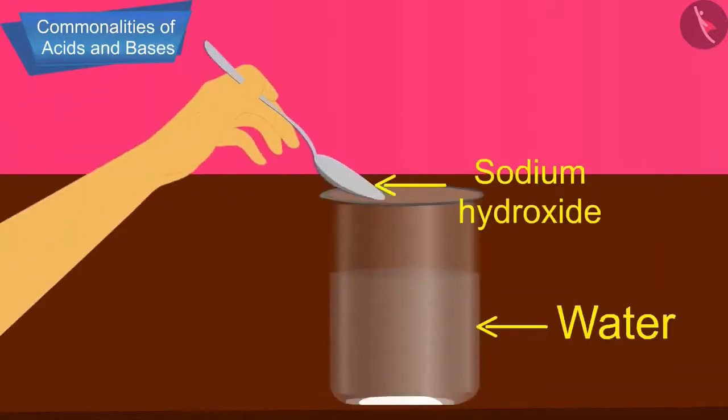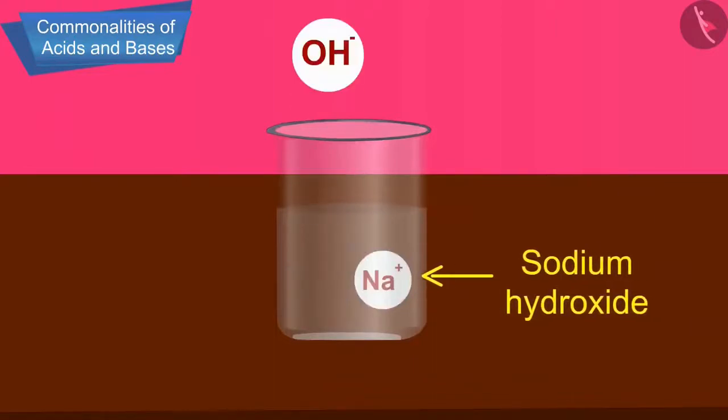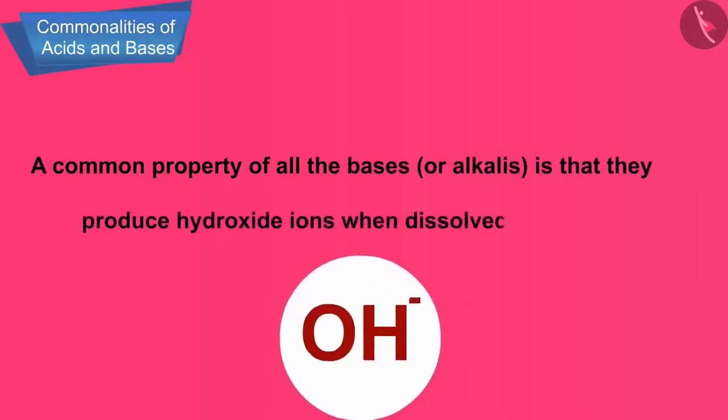For example, sodium hydroxide is a base because it dissolves in water to produce hydroxide ions. So, a common property of all the bases or alkalis is that they produce hydroxide ions when dissolved in water.